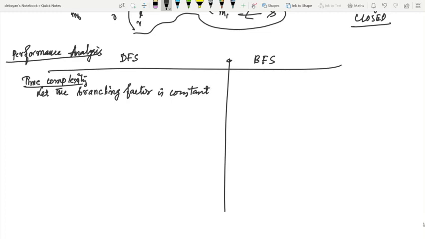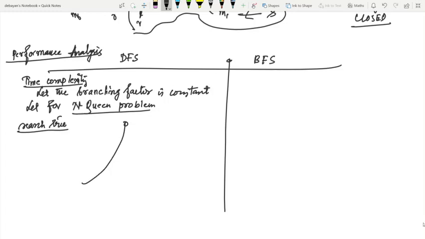So we know that, say for the n-Queens problem, if we consider the search tree, it will be like that.